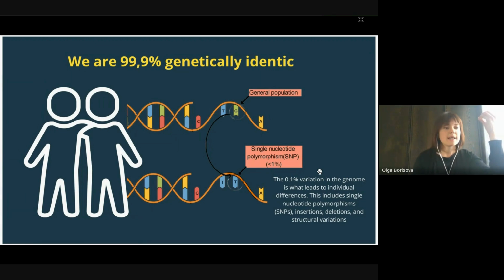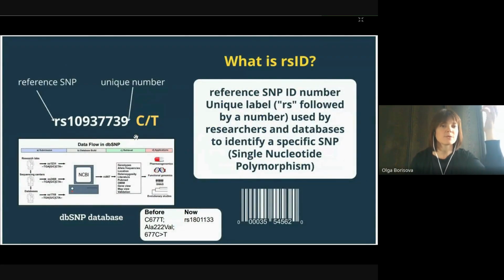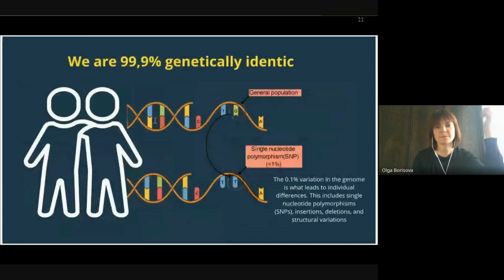SNPs are one of the most common ways people's DNA can differ from each other, and each SNP is a one-letter difference in our DNA sequence. So what you see in your genome test, if you have made one, is the RSID, which refers to a specific point, and then the substitution you have there.